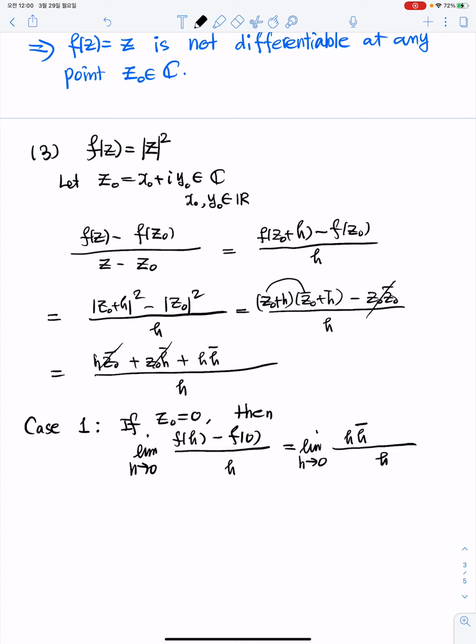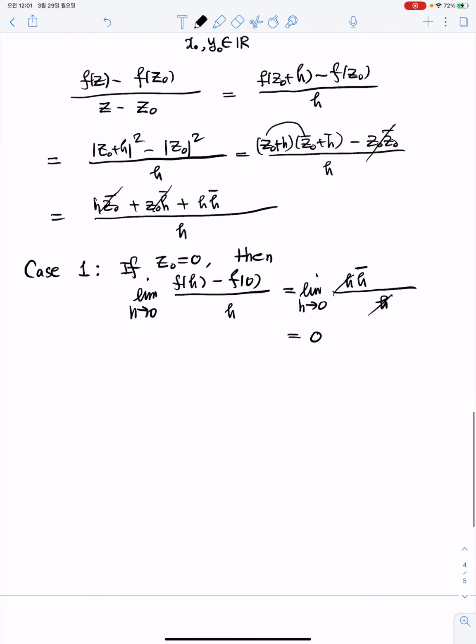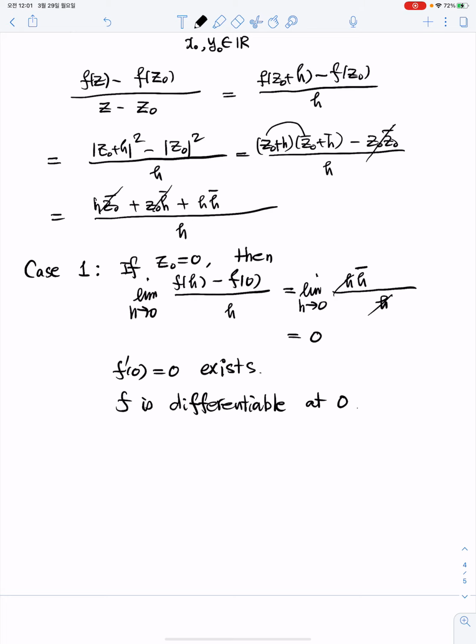Then h cancels out. When h goes to 0, h conjugate goes to 0, so that implies f prime of 0 exists and equals 0. So the simplest case: f is differentiable at 0.